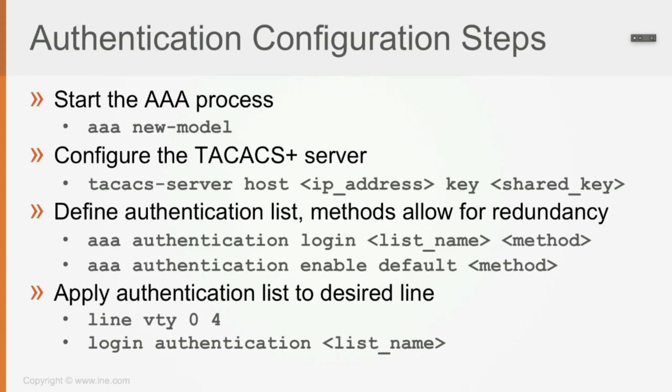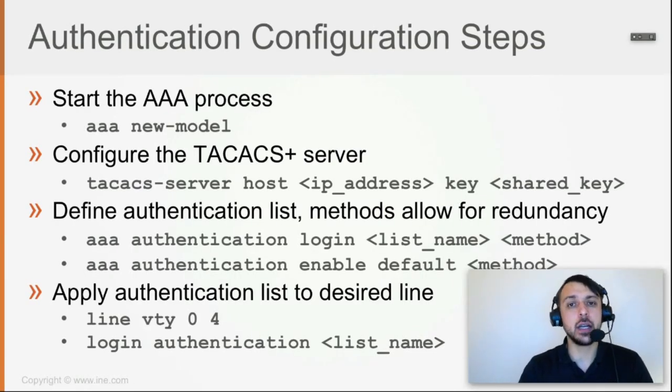Next comes the list name, where the list name can be either the keyword default or a specific list name that you get to choose. I have added on the slides the default keyword only on the authentication enable method or list, because IOS doesn't allow you to configure named lists for enable authentication, but you can configure named lists for login authentication.